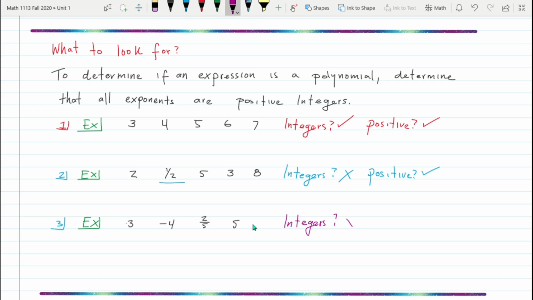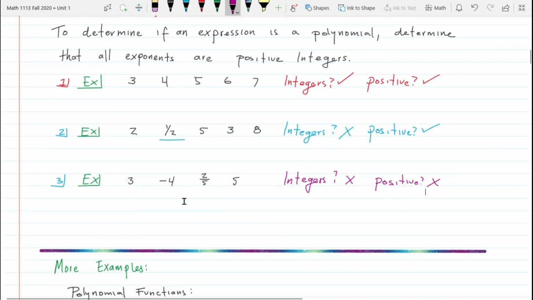No. We have a rational number, which is 2/5. And are they all positive? And the answer is no. We have -4. So at the beginning, we're just looking at the powers and trying to determine if they fall under these two categories, or if they do pass these two criteria, right? Are they integers and are they positive?